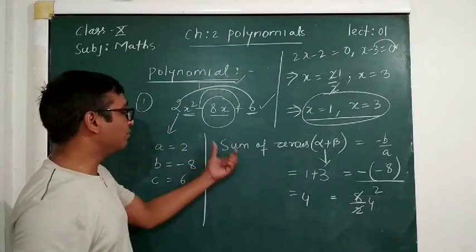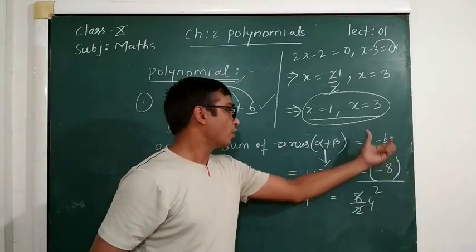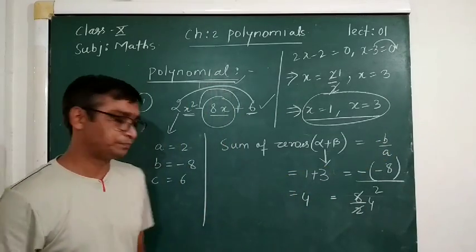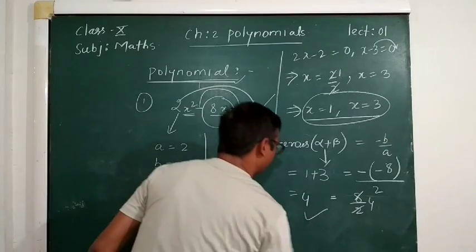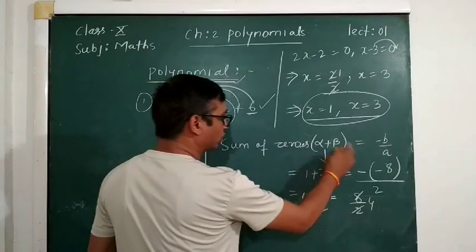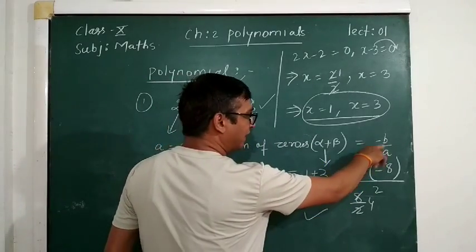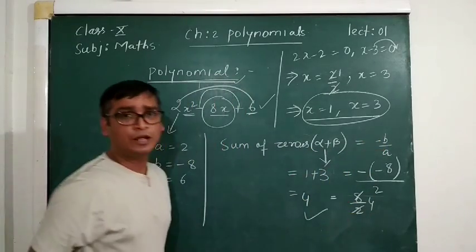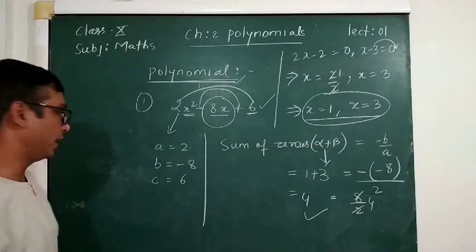Means the sum of zeros from the coefficients and from the zeros, both we are getting as 4. So here we have got the sum of zeros, both are equal. The coefficient value is also equal, and this sum of zeros is also coming, so it is okay.